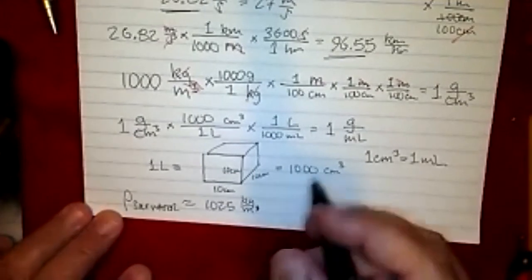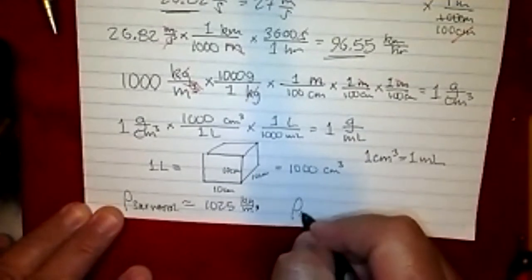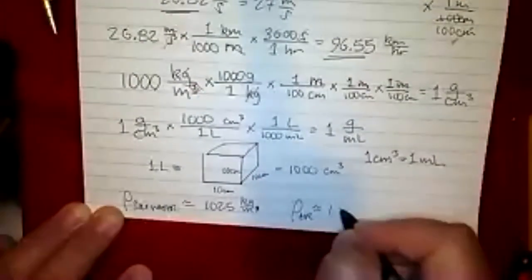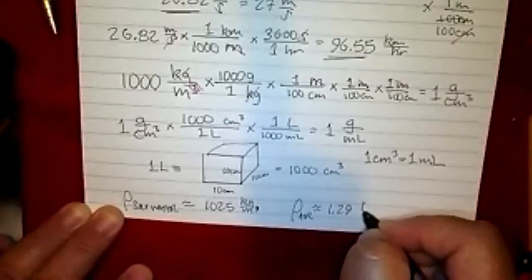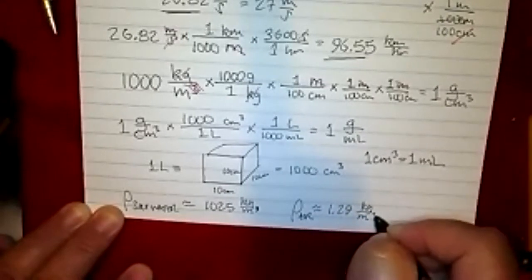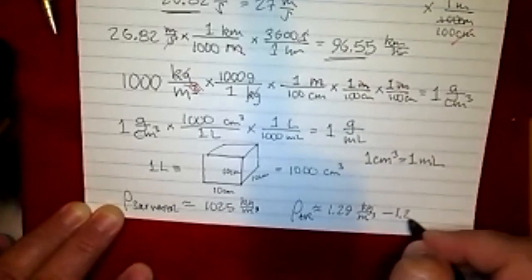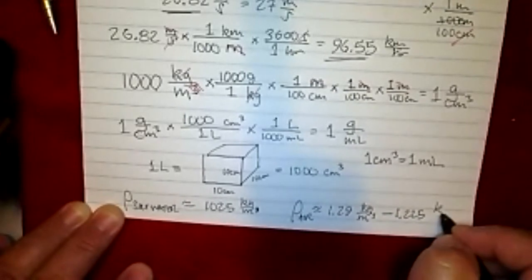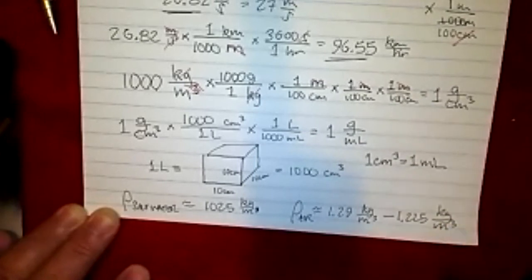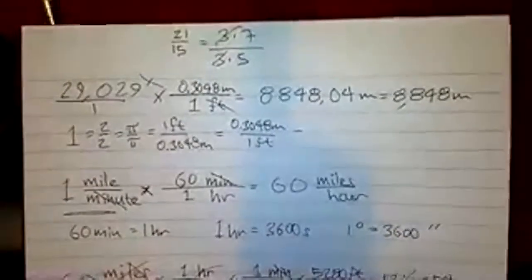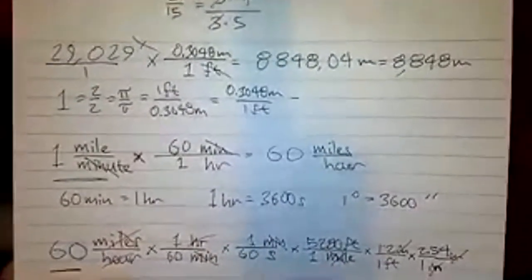And of course, the density of air varies. So it might be 1.29 kilograms per cubic meter, or I've even seen, like I said, 1.225 kilograms per cubic meter. So those are all some interesting facts, and just in case some of this was blurry, I'm going to give you a little bit better view of all the calculations we did, all the numbers, slowly, and then y'all can pause it at any time you want.